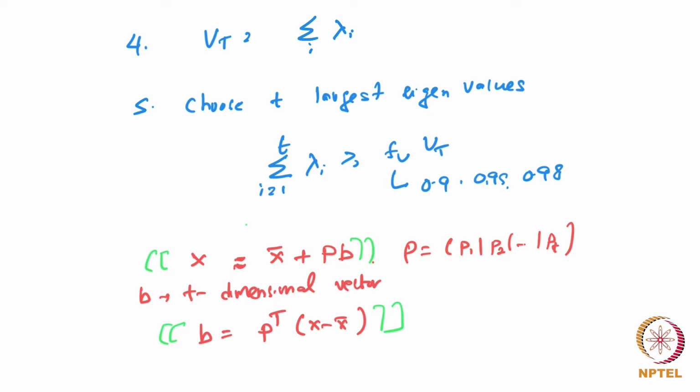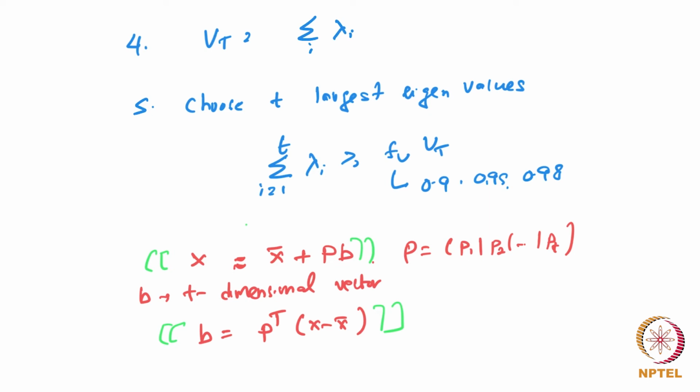So this is the purpose behind doing PCA, because now you can look at each one of these b's as some kind of button that you can press up or down, so that by changing its value, you change an aspect of the shape.